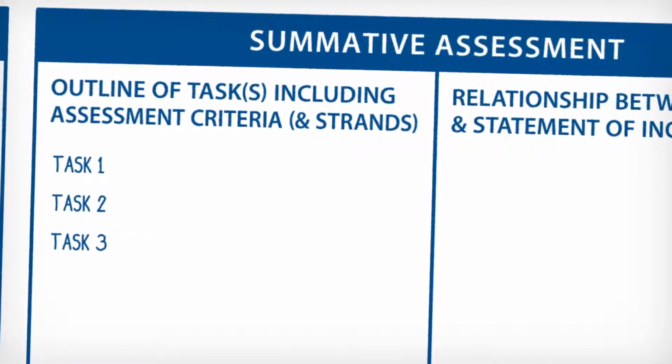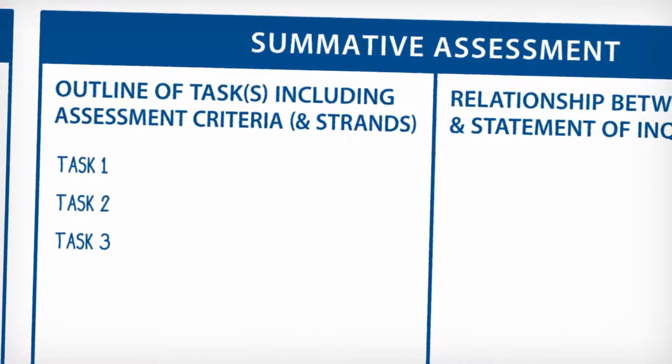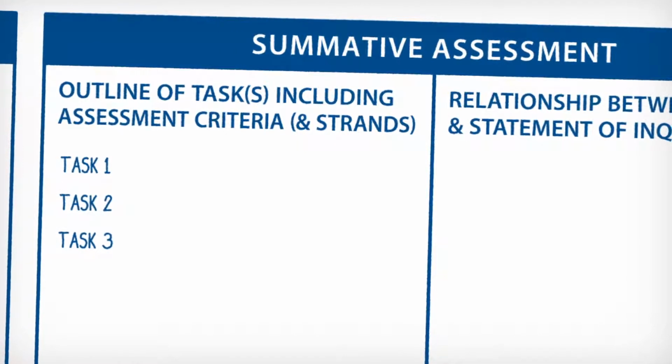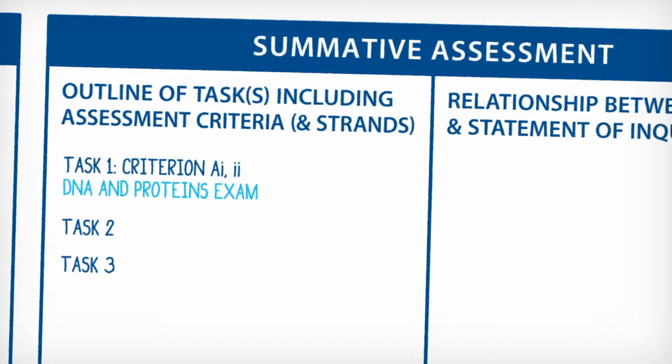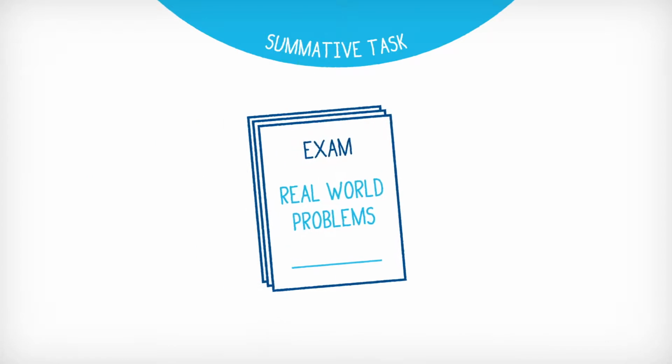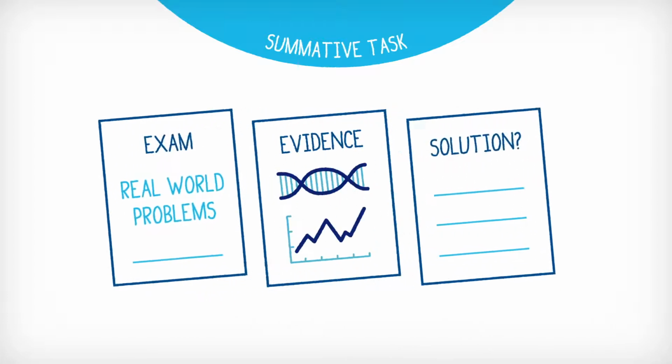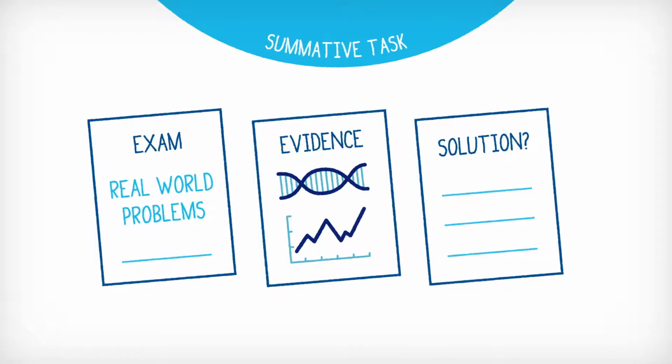An example of this could be in sciences. In this subject, one way in which criterion A might be assessed is through an exam. It is important to note that in order for an exam to be a performance of understanding, it needs to go beyond recall of unit content and include opportunities for students to apply their knowledge in a range of authentic scenarios.